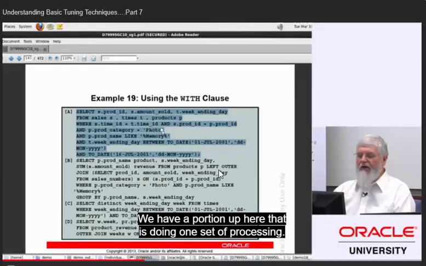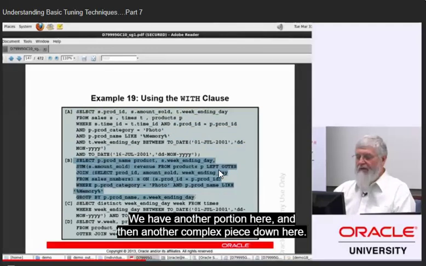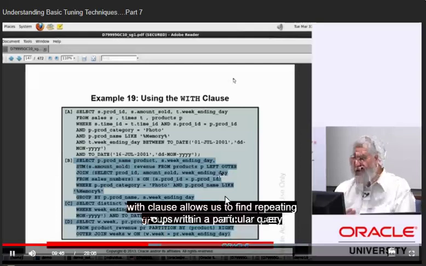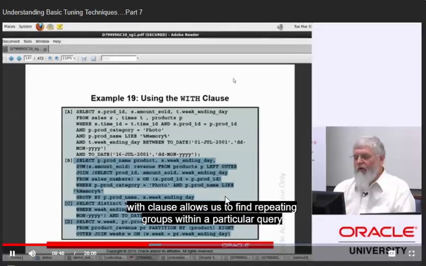The with clause allows us to find repeating groups within a particular query and replace them with a single piece of code that we call many times with the with clause within it.